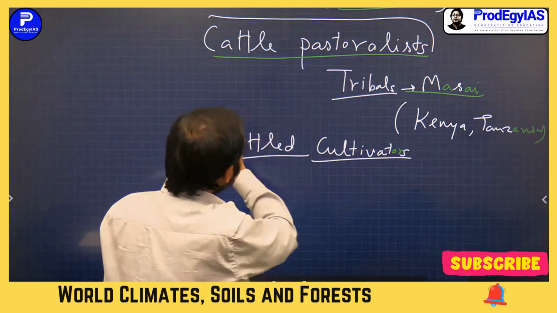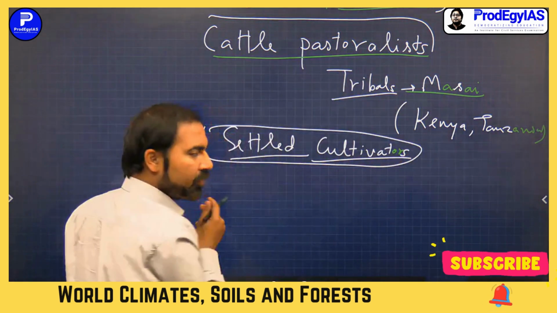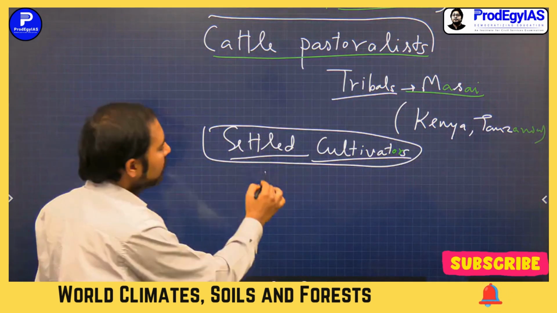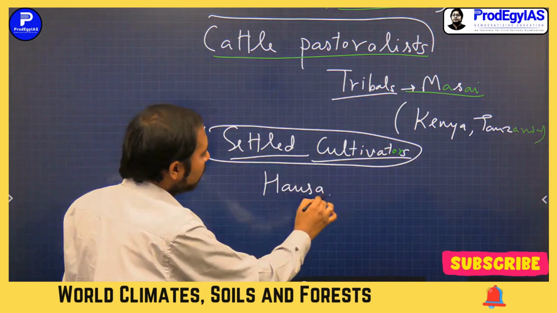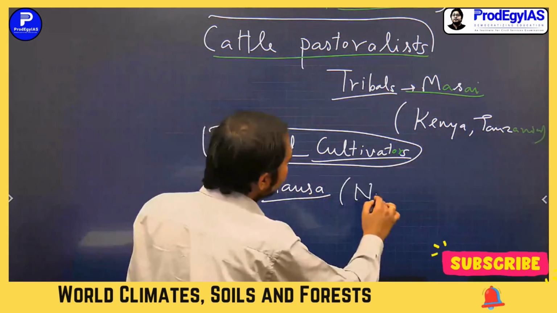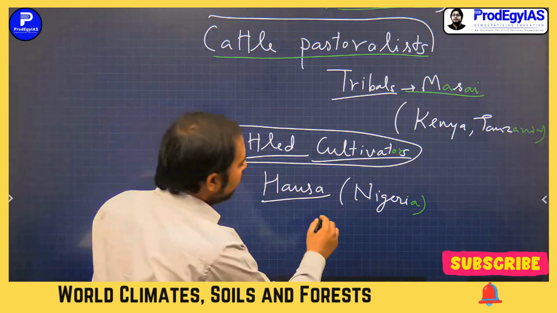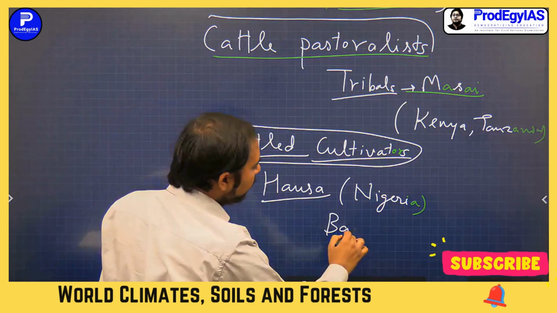They are not pastoralists dependent upon animal husbandry. They are cultivators, they grow crops. They are Hausa. They mostly live in Nigeria. There is a plateau named Bauchi Plateau.